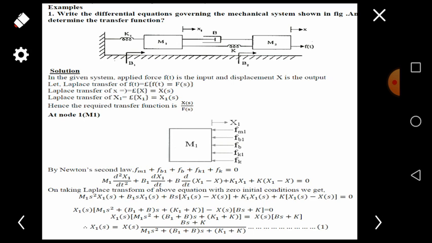So first we have to draw a free body diagram for mass 1. In that we have to mention the forces that will be applied on mass 1.